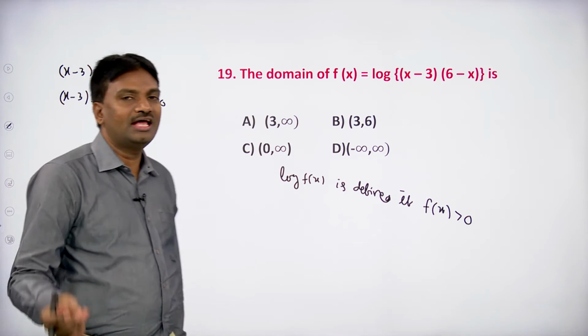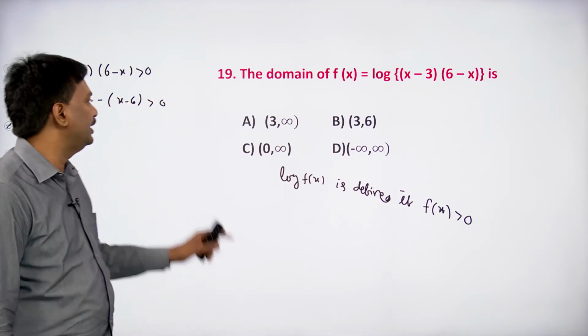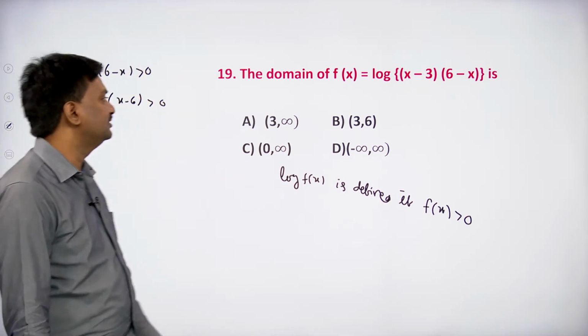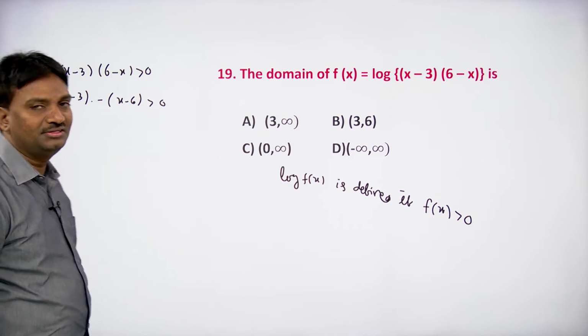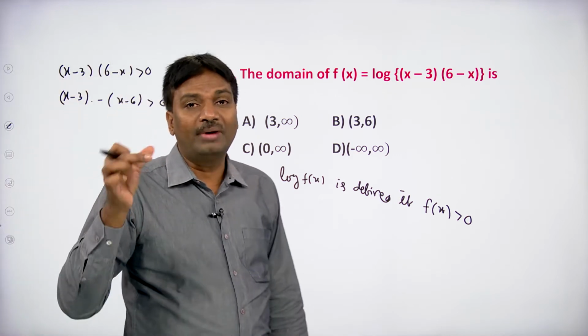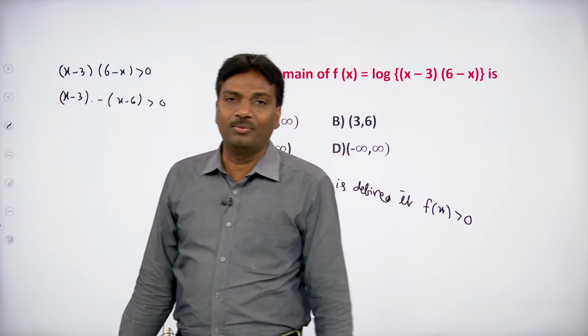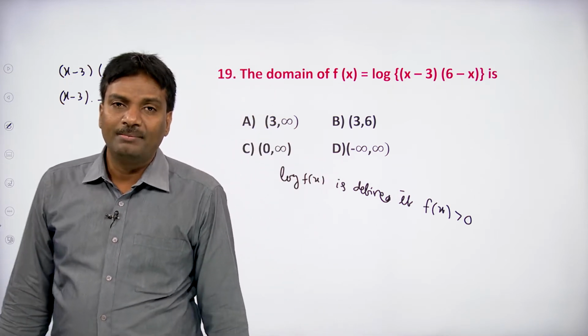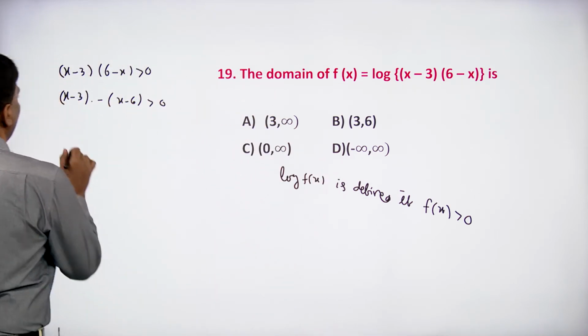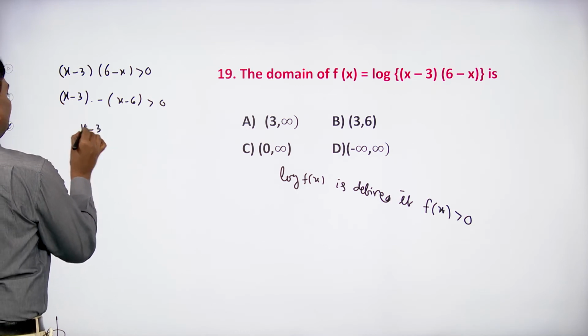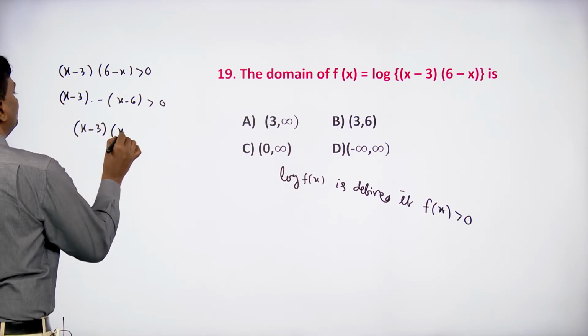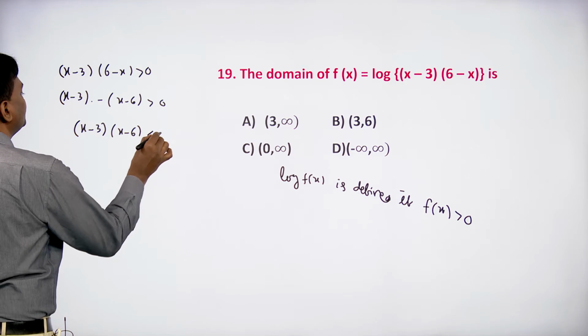So this can be written as minus of (x minus 3) into (x minus 6) greater than 0. To cancel that minus, let us multiply on both sides by minus 1.